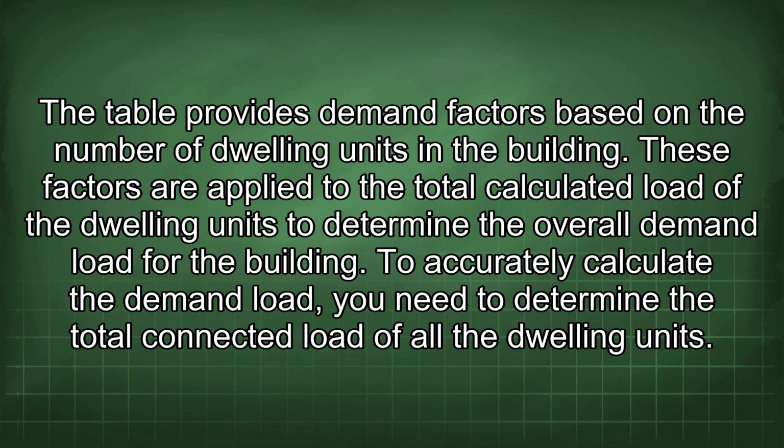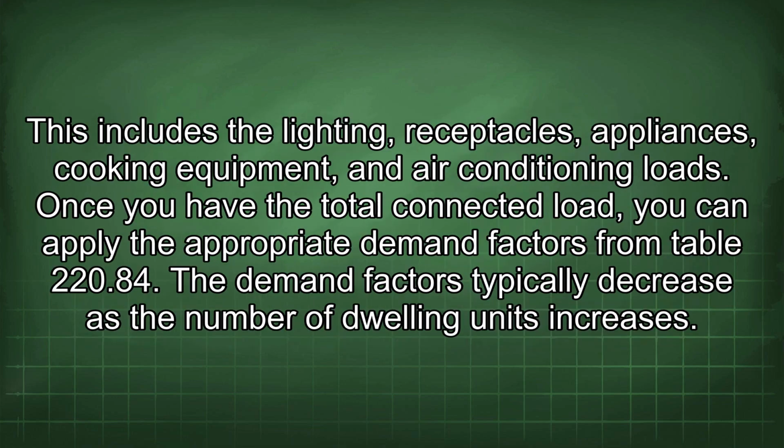To accurately calculate the demand load, you need to determine the total connected load of all the dwelling units. This includes the lighting, receptacles, appliances, cooking equipment, and air conditioning loads. Once you have the total connected load, you can apply the appropriate demand factors from Table 220.84.